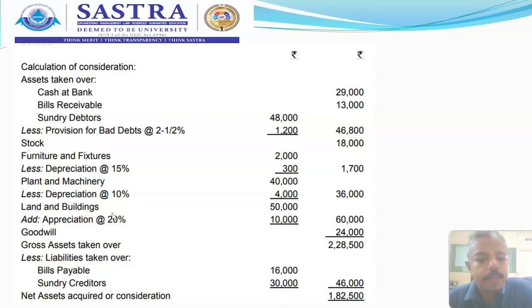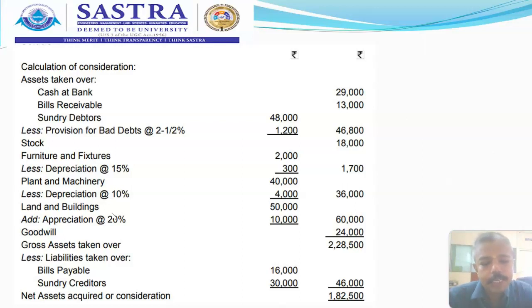Apart from that, we have only three items which are without any mark. That is cash at bank, rupees 29,000, which means we can take that amount from the balance sheet as it is. And then bills receivable, rupees 13,000, that also we can take directly from the balance sheet. Now stock is also directly from the balance sheet, without any alteration.